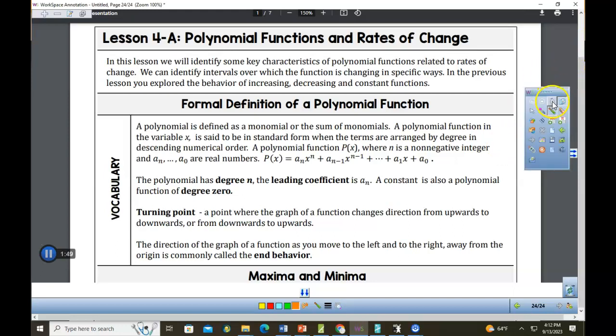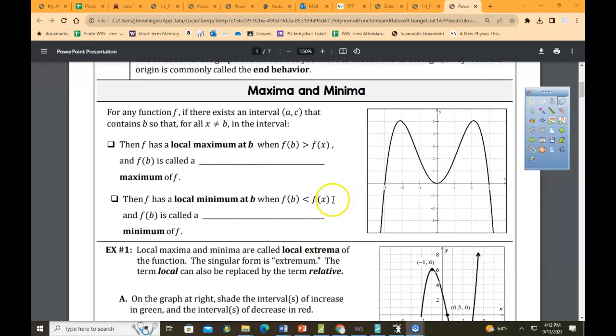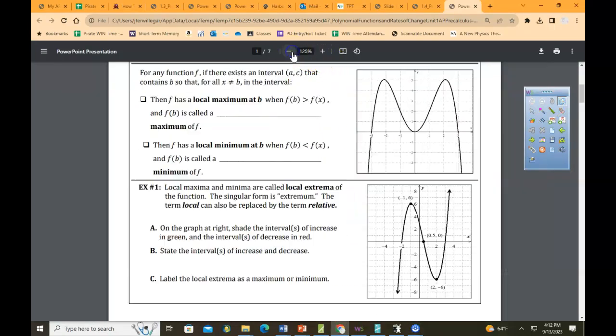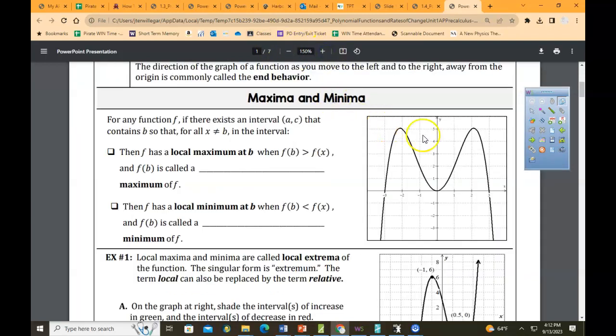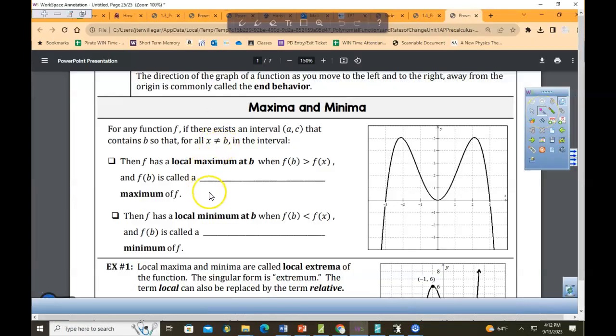Sound like a plan? Maxima and minima. I'll try to get this the best I can. All right. So, for any function f, there exists an interval from a to c, such that b, for all x not equal to b, then f has a local max at b where f of b is greater than f of x.